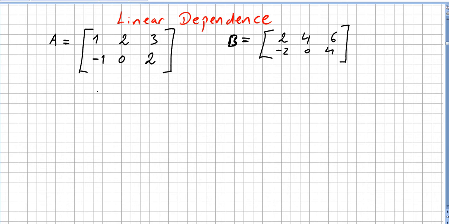Well, of course they are, because B is nothing else but A multiplied by 2. If we multiply A by 2, we will get 2, 4, 6, minus 2, 0, 4. So A and B are linearly dependent. Matrices A and B are linearly dependent.